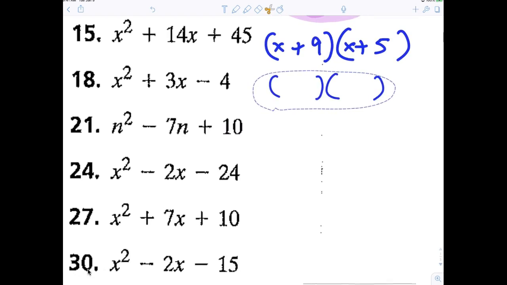So first put the x. Good, and then we put our factors, 1 and 4. Very good, exactly. And then it's negative 1. Look at that. Feels good. Very good.